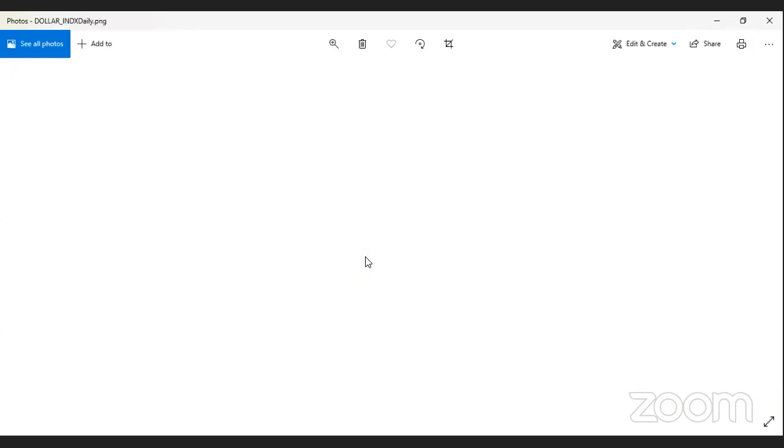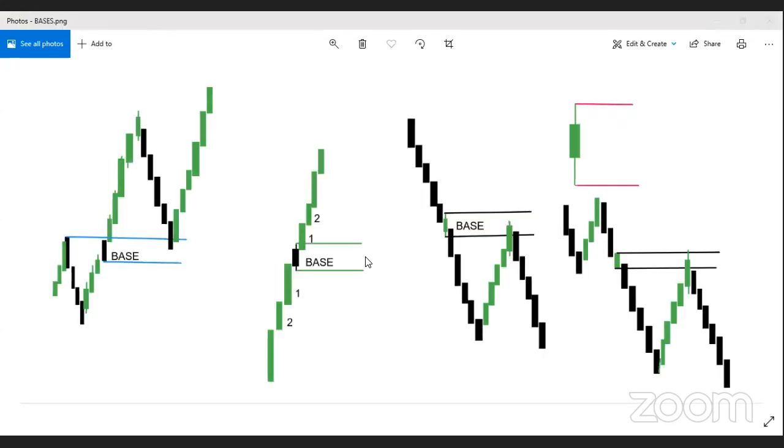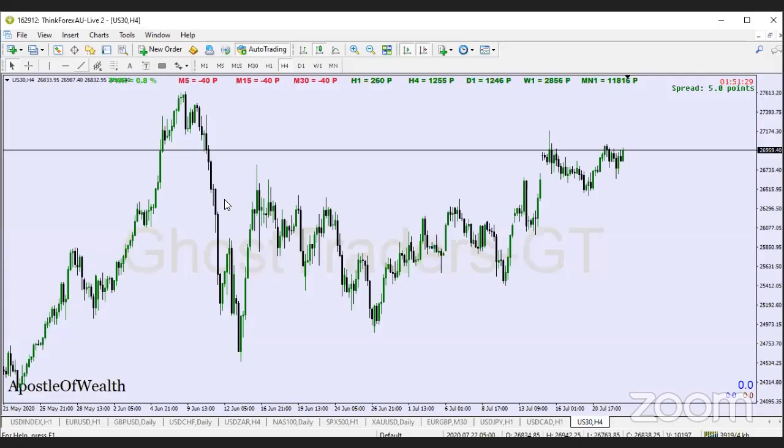Let me change the screen sharing and show you something that we have here. Okay, so we get to see that we have a green candle here, which is gonna be a base. So we calculate from this side, we have 1, 2 candles that are bearish.